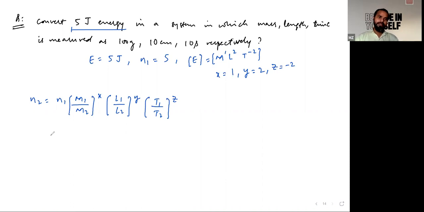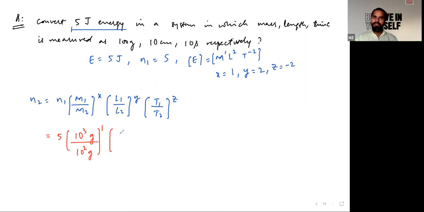Vaishnav, just see, here we have N1, which is equal to 5. M1 is in SI unit, so if you convert in terms of gram, it will be 10 to the power 3, divided by M2, which is 100. So we can write 10 to the power 2, and the whole raised to the power x, which is 1.